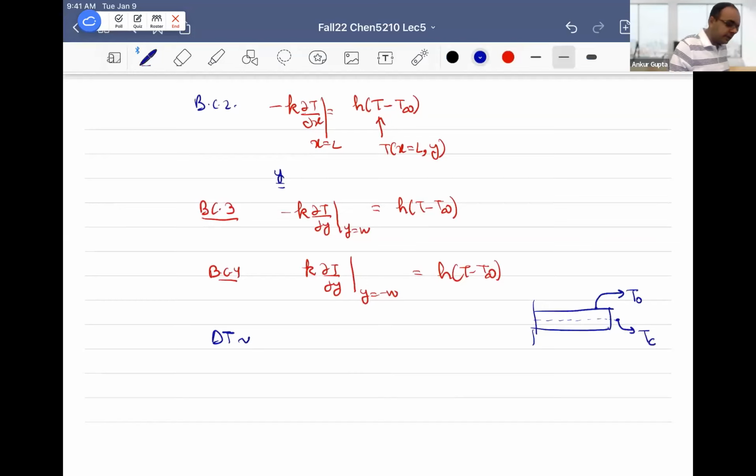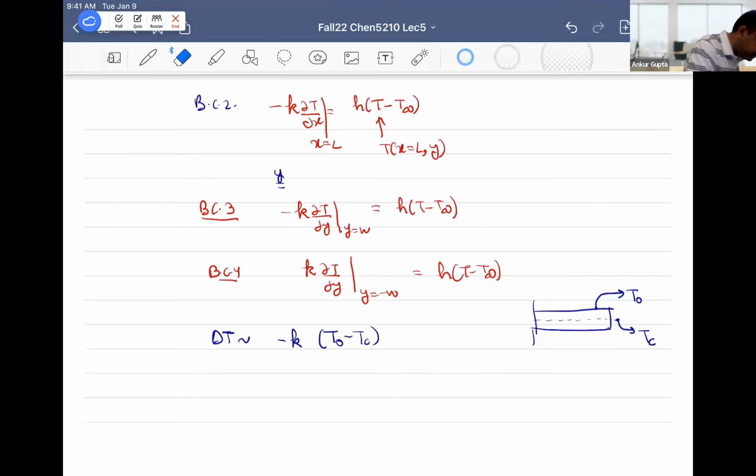Then delta T, from plus y to minus y, is T naught minus Tc, minus A delta T. And delta y is, so what I'm saying is I think the rod will be hotter in the center, that we can expect. And then the temperature starts cooling because of the air. So I say the temperature is Tc in the center, and then it is T naught at the end. I'm assuming I don't know these values, and delta y is on the order of W.